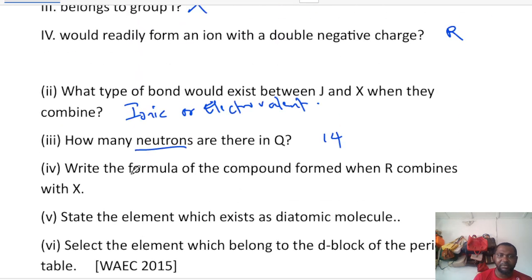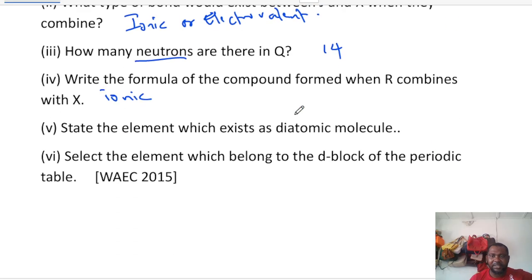But the bond between two non-metals, kindly note this, a non-metal and another non-metal, is a covalent bond. Now, dative bond is also between two non-metals, but the difference is that one of them must be electron rich, the other one must be electron deficient. But that's by the way.